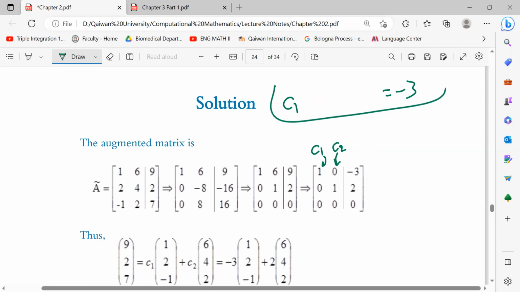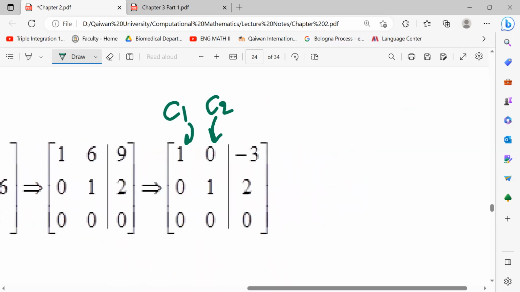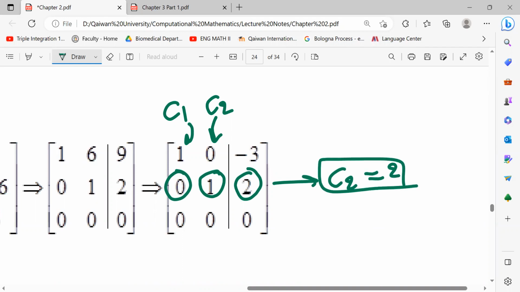So C1 is -3. That's how to find the value of C1. And also for C2, in the second row, we say C1 times 0 plus C2 times 1 is equal to 2. So from this, we get C2 is 2. And we already found that C1 is -3.